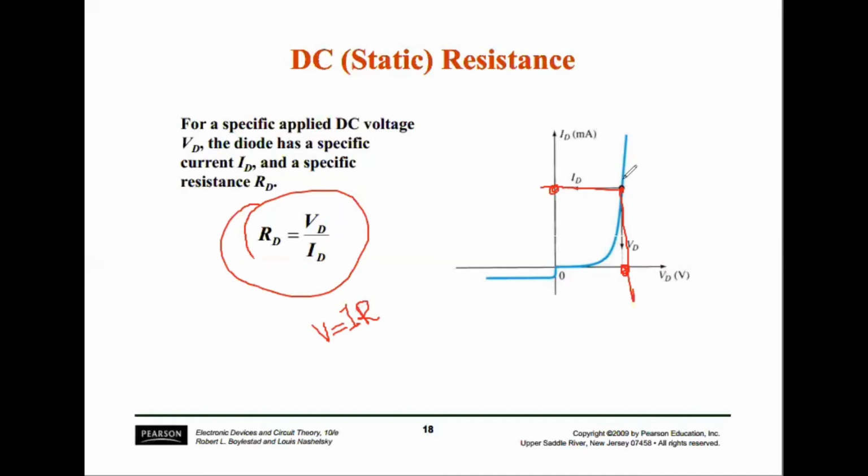The resistance will change when you move the point from one place to another, due to the nonlinear characteristics of this curve. So this is the static resistance in the forward direction.